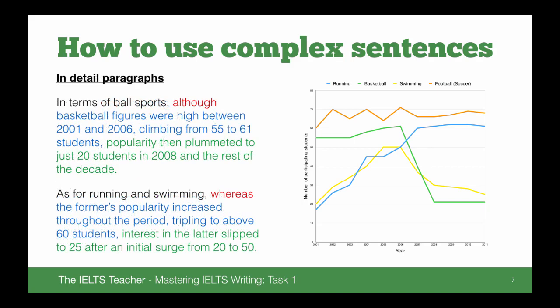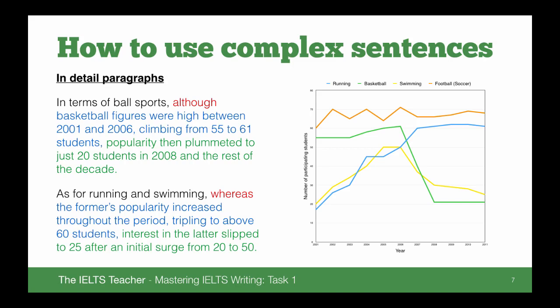Here are a couple of examples of how we could use complex sentences in the detail paragraphs. In terms of ball sports, so focusing here on the football and basketball. Although basketball figures were high between 2001 and 2006, climbing from 55 to 61 students, popularity then plummeted to just 20 students in 2008 and the rest of the decade.